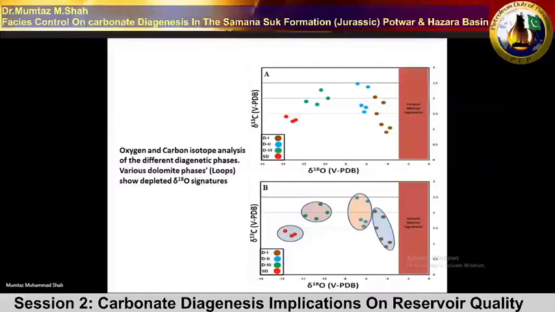So we group them by how they behave, and on the basis of the groupings, we can see that these four different phases represent distinct signatures in terms of oxygen and carbon isotopes.